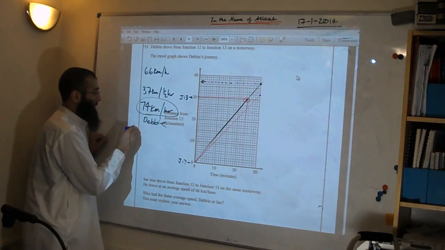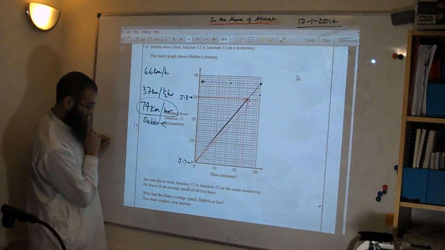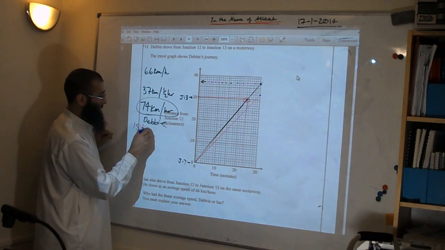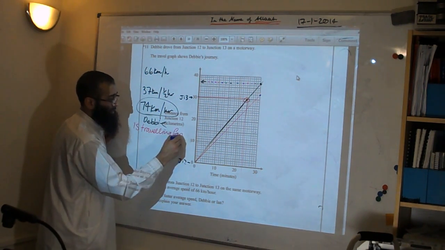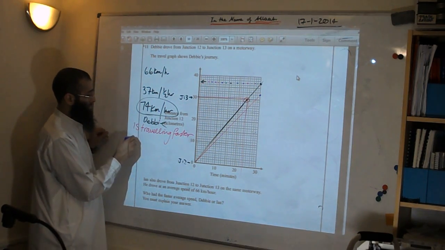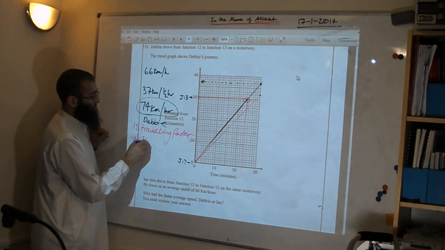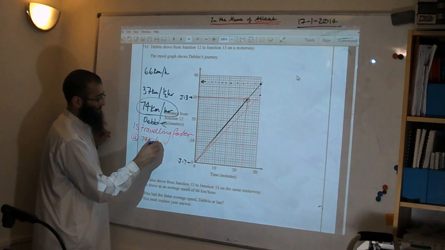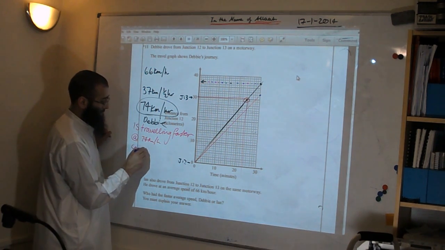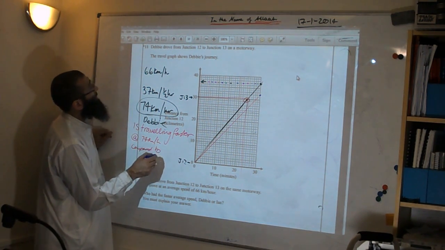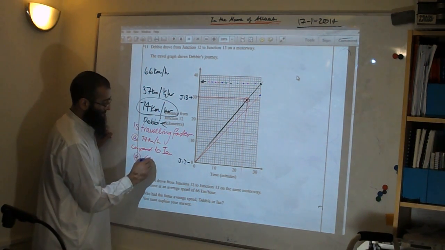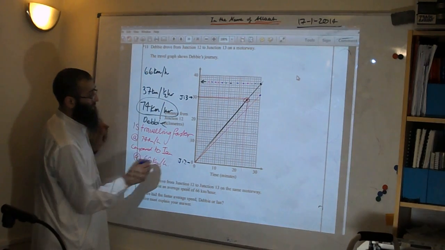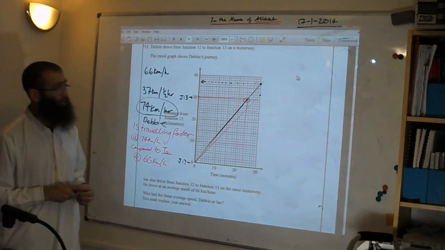So Debbie is traveling faster, at 74 kilometers an hour compared to Ian at 66 kilometers an hour. Done. Two ways of doing it.